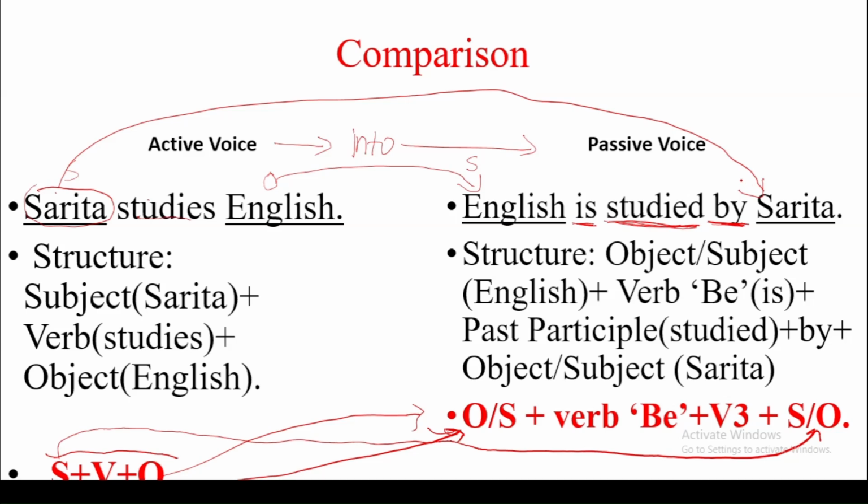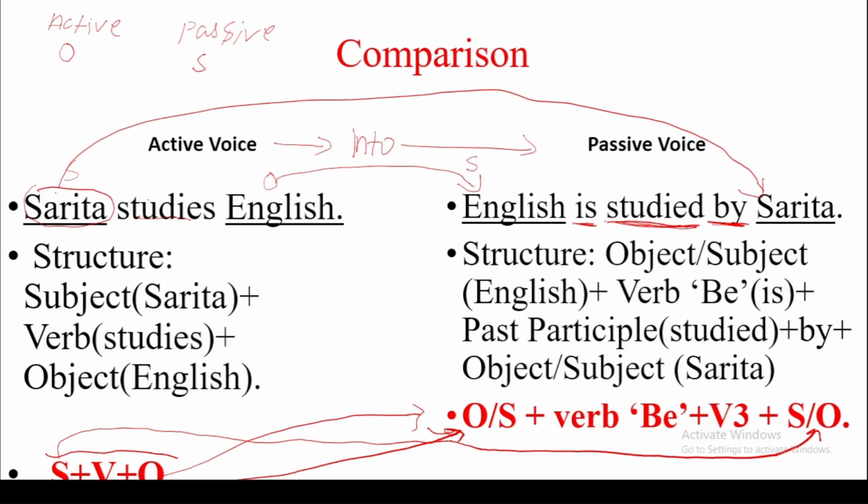Object in passive sentence. Like Sarita is the subject in the active sentence and it is made the object in the passive sentence. It means, first of all, while changing subject and object, we pick the object of the active sentence and write it as the subject in passive.